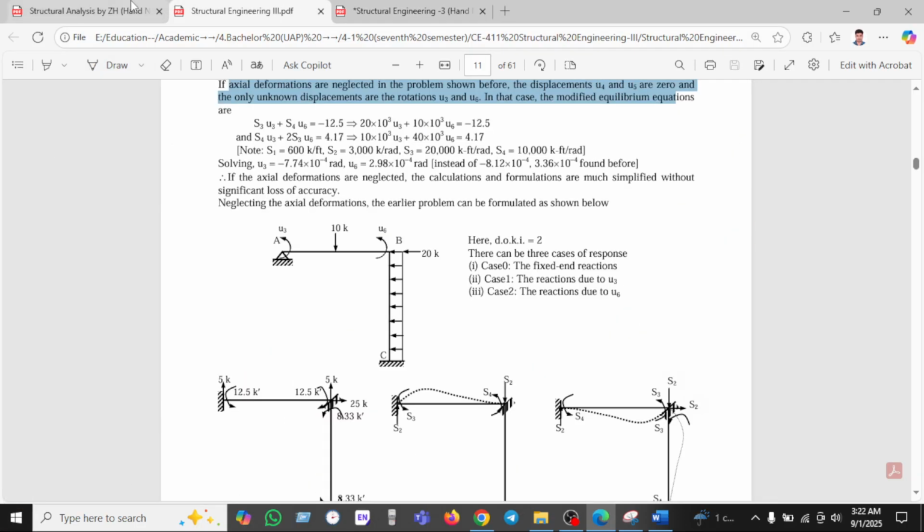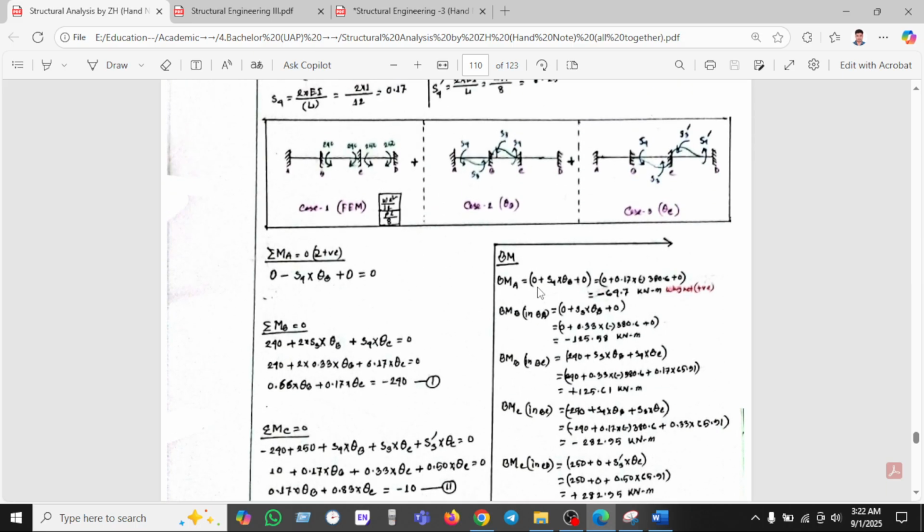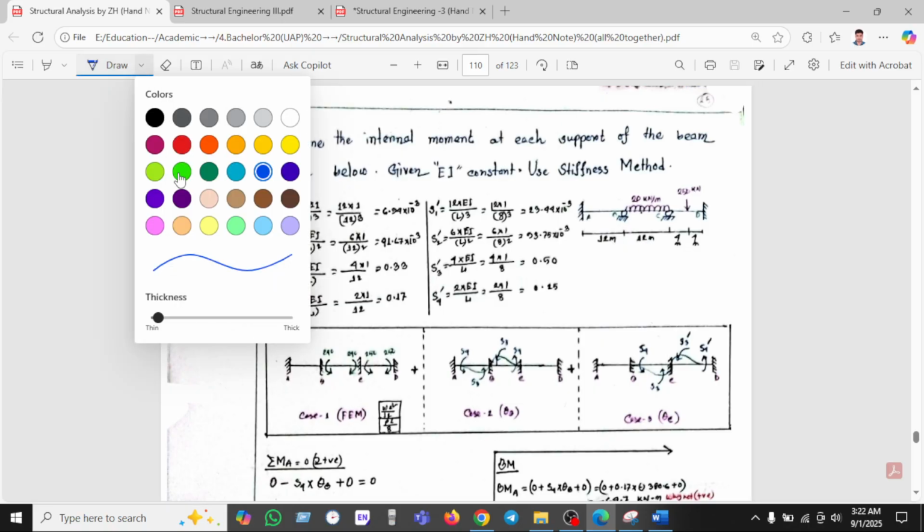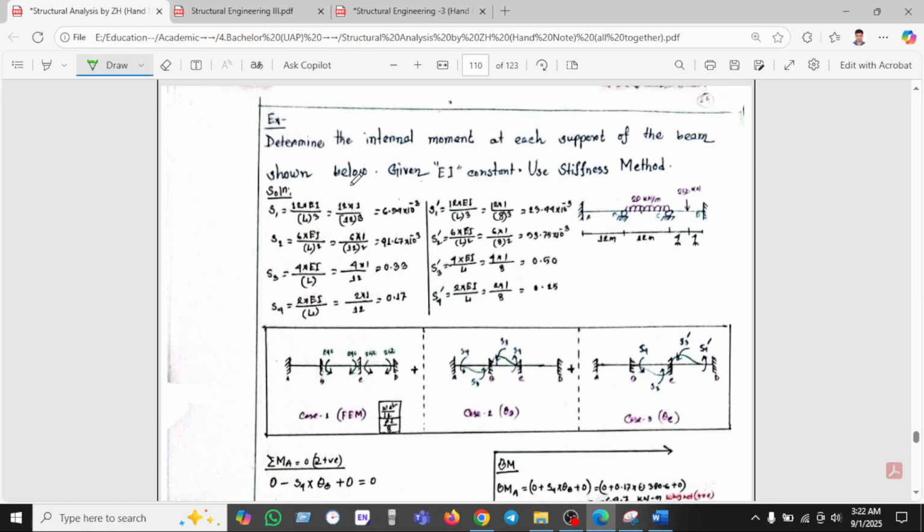we can see here another last example: determine the internal moment at each support of the beam from the given beam, EI is constant, use the stiffness matrix. So S1 S2 S3 we know this equation, and forming this value, and S prime 1 S prime 2 S prime 3 S prime 4 is given here, and holding this value.